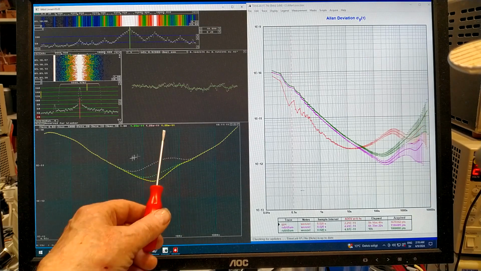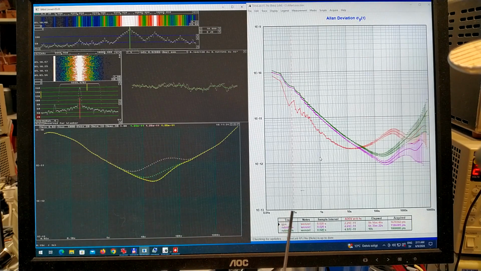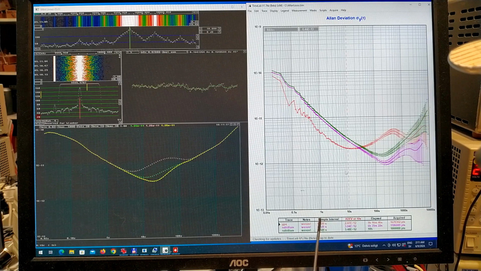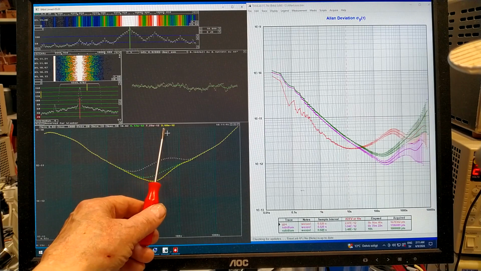At 1 second I see 1.25 times 10 to minus 11, and in TimeLab I see 1.1 or 1.0 times 10 to minus 11. At 10 seconds, here is 10 seconds, 3.0 or 3.5. And 10 seconds in Linrad gives 3.68.